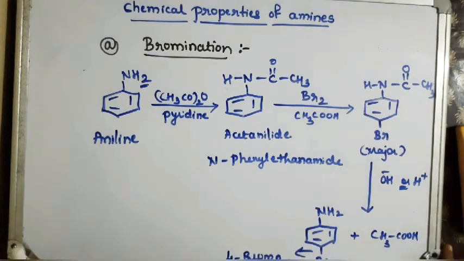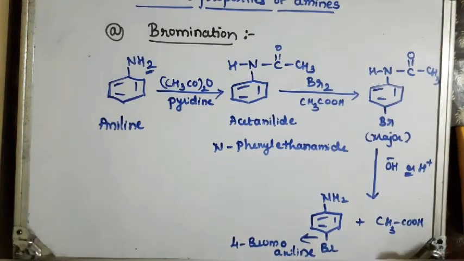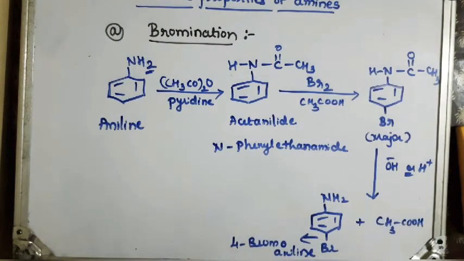Okay. So this is how the bromination is done for aniline. When we want mono-substituted mono-bromoaniline, we have to follow this method. If we use bromine water directly at room temperature, we are getting 2,4,6 tribromoaniline as a product. If we want only single substituted aniline, then we have to follow this process.